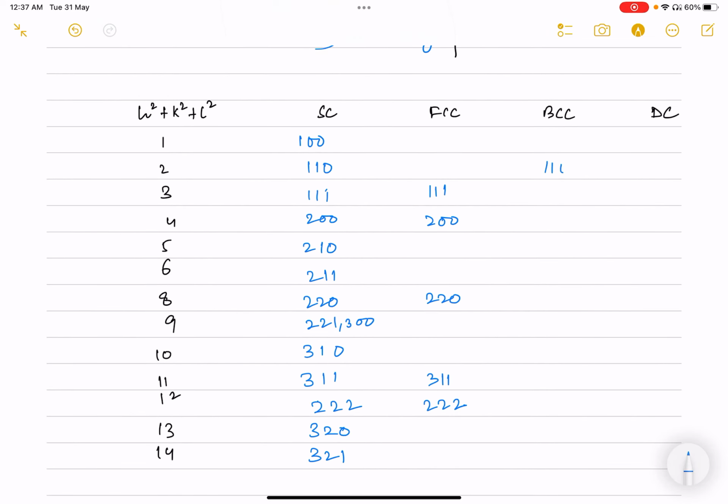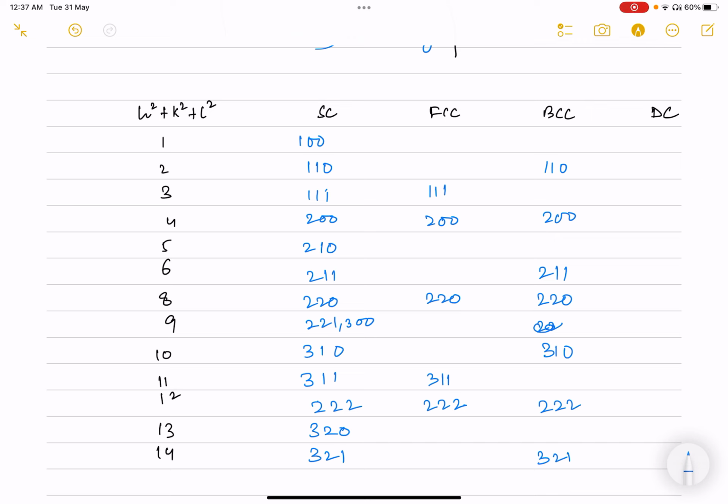So 110, 200, 211, then 220, then 310, 222, 321.